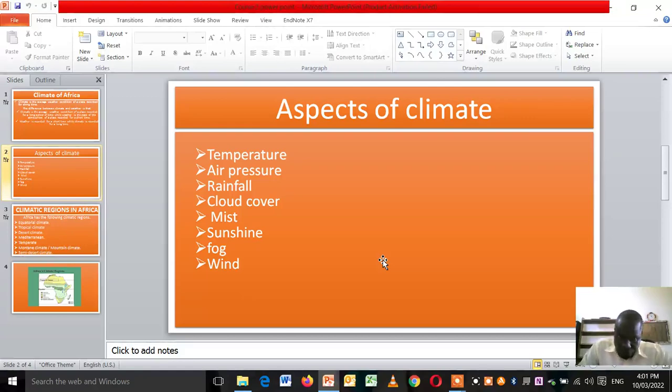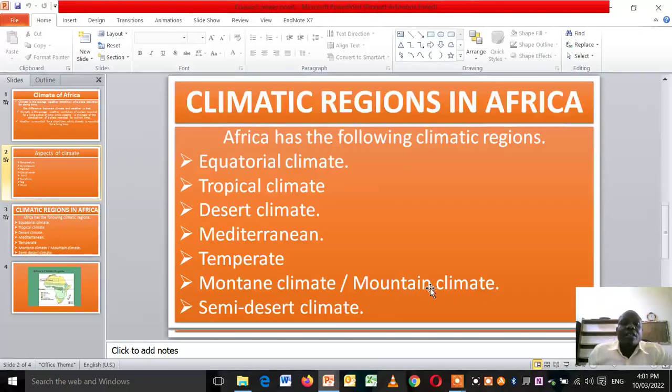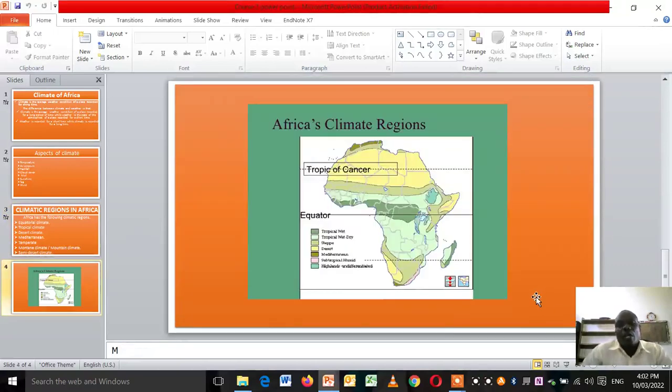Now, Africa has got different climatic regions, and these climatic regions include equatorial climate, tropical climate, desert climate, Mediterranean climate, temperate climate, mountain climate, and semi-desert climate, as shown on the map below.